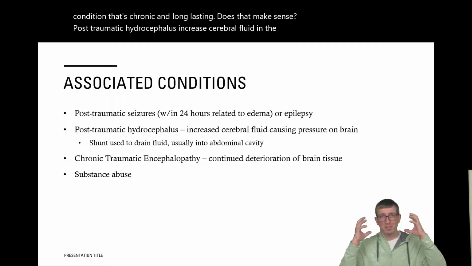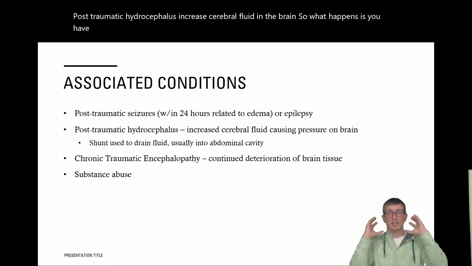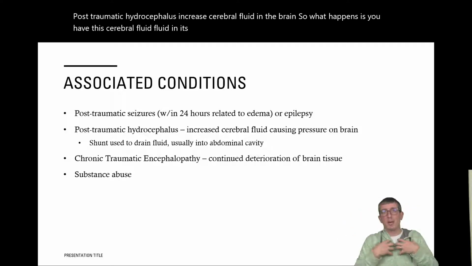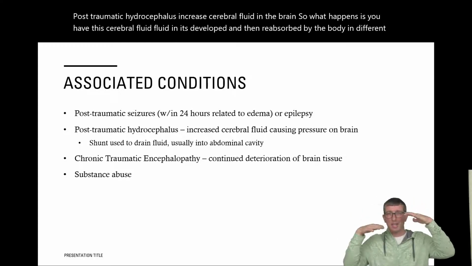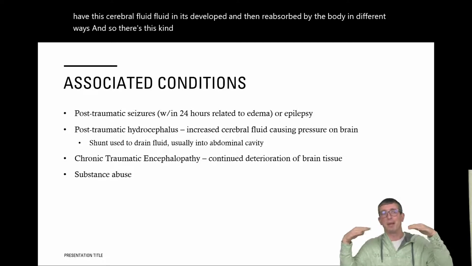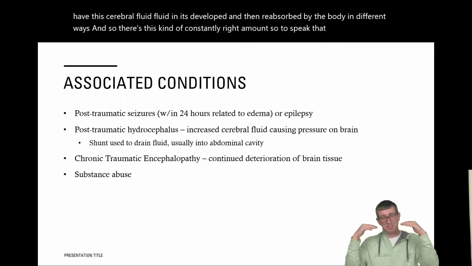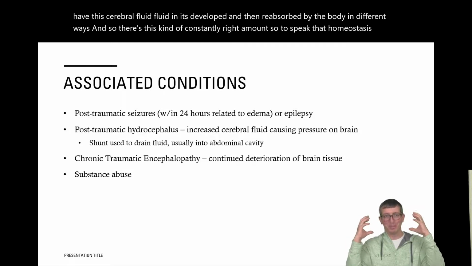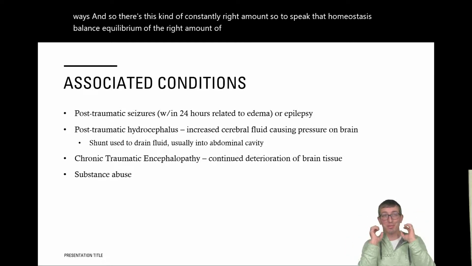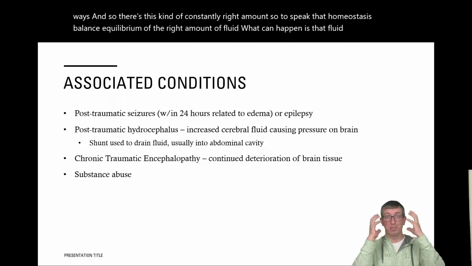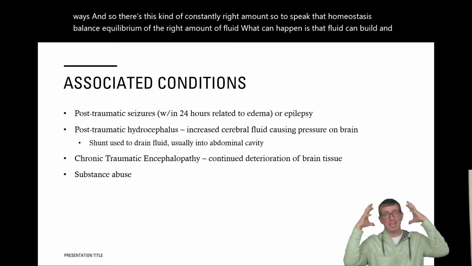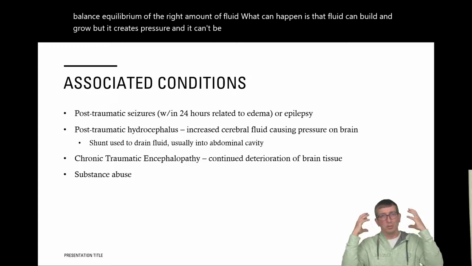Post-traumatic hydrocephalus: increased cerebral fluid in the brain. So what happens is you have this cerebral fluid and it's developed and then reabsorbed by the body in different ways. And so there's this constantly right amount, so to speak, that homeostasis, balance, equilibrium of the right amount of fluid. What can happen is that fluid can build and grow, but it creates pressure and it can't be absorbed by the body or removed from that space.